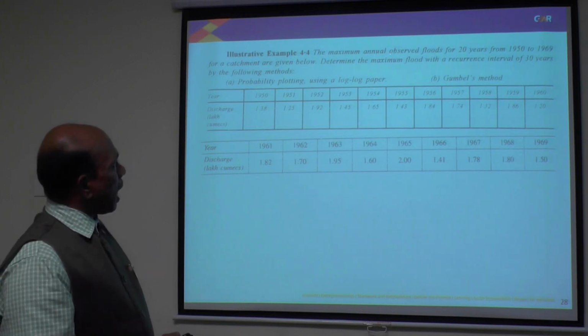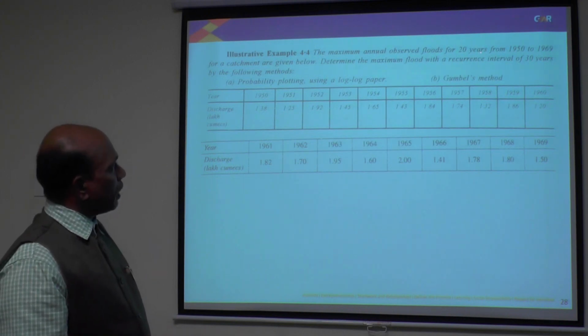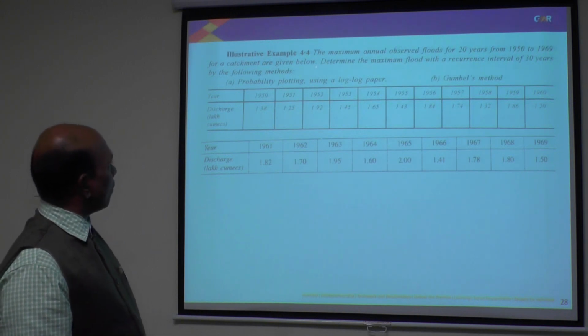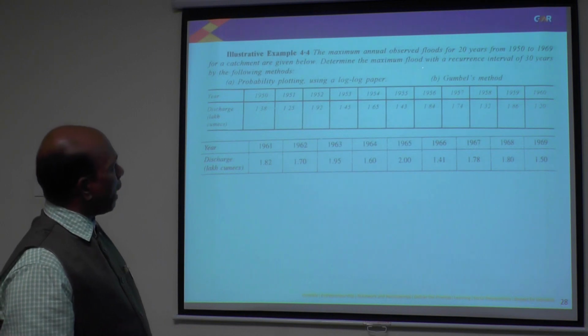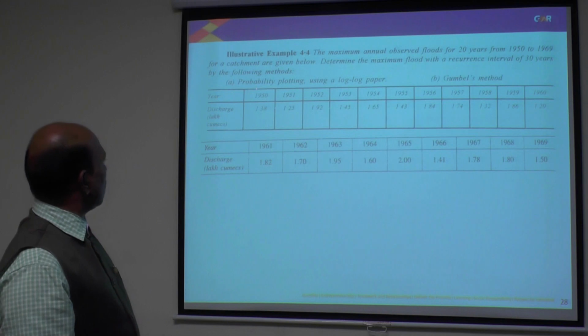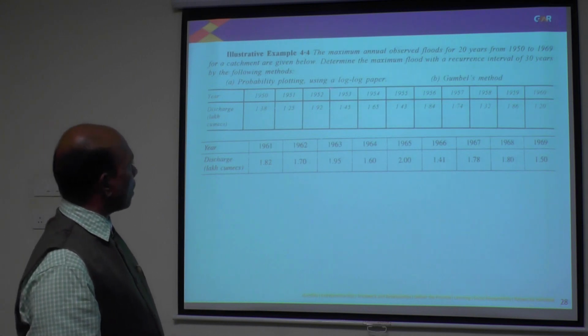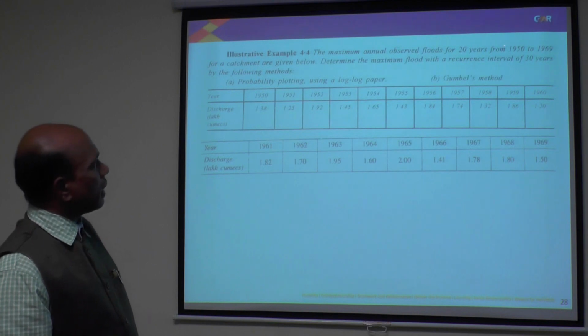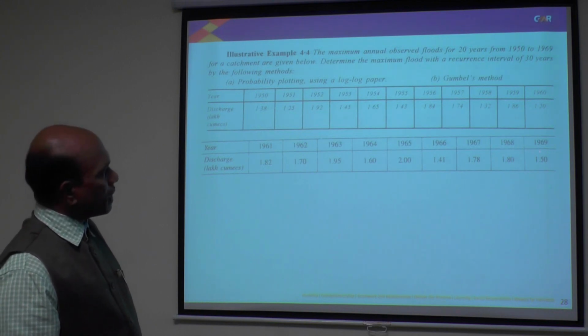The maximum annual observed floods for 20 years, from 1950 to 1969, for a catchment area are given below. Determine the maximum flood with a recurrence interval of 30 years, using the following methods: one is the probability plotting method and the other is Gumbel's method. Here they have given 20 years of data, 1950 to 1969.